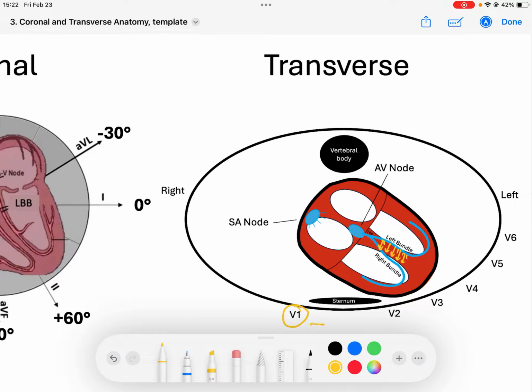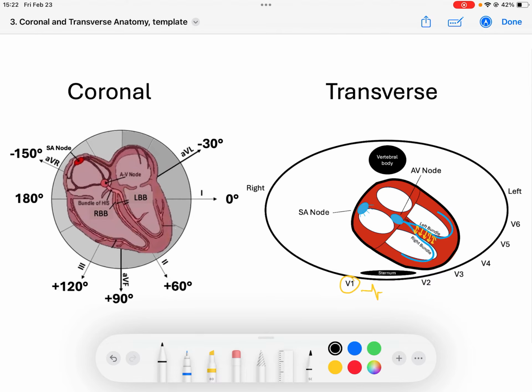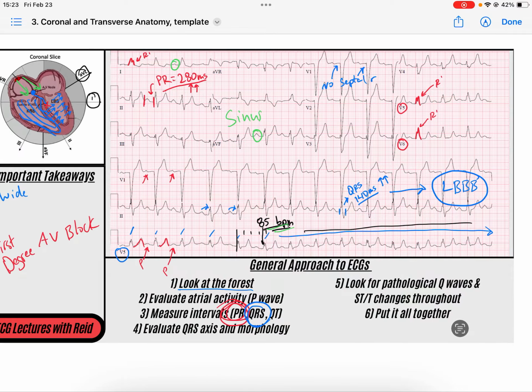So V1 usually has a little R wave before you go to the S wave. But in a left bundle branch block, what do we have? We have loss of that R wave because the left bundle is blocked and all this conduction doesn't occur. Pretty cool.